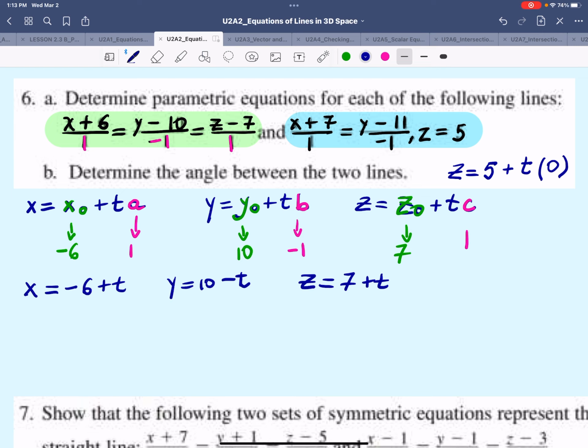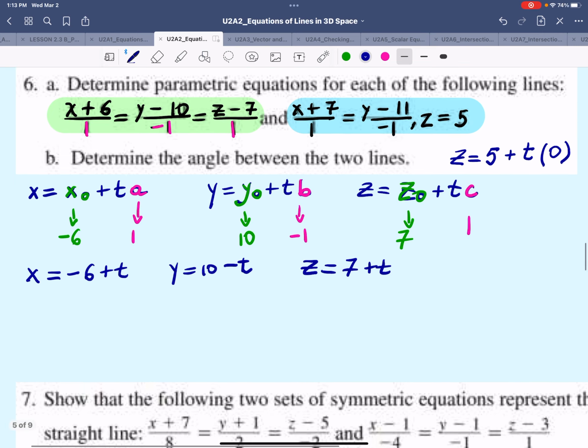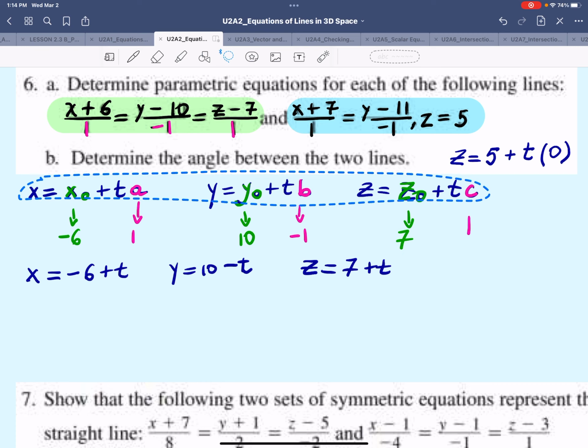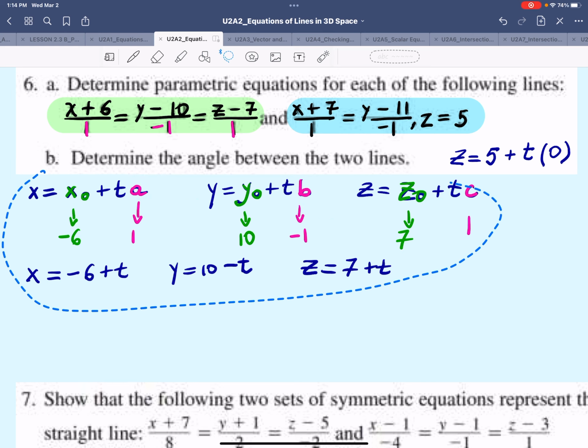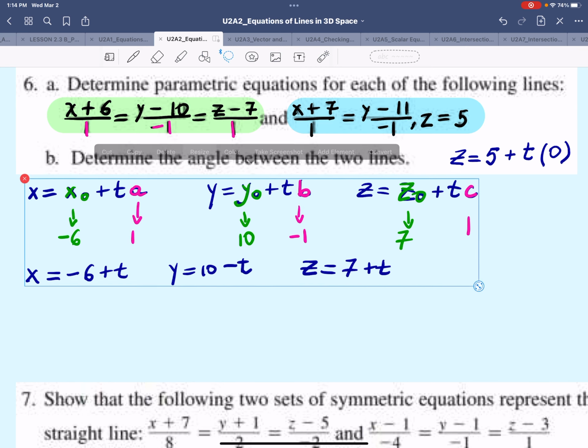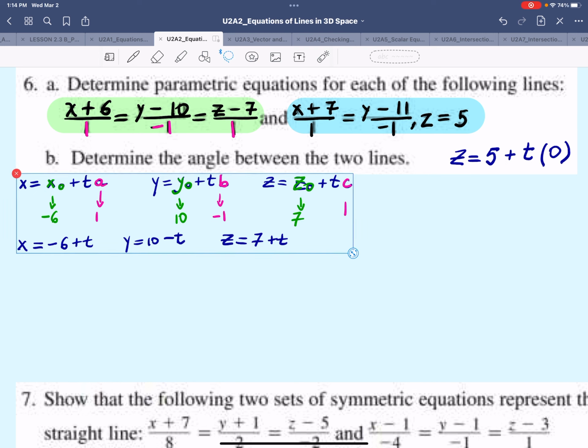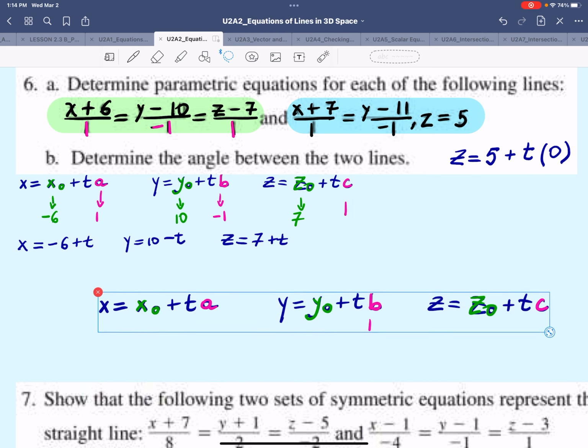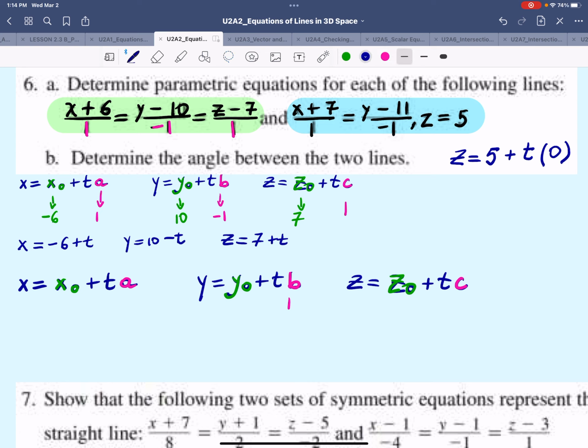So now let's take a look at the second equation. In the second equation, we have, again, the same process. What I'm going to do here for the second equation is copy this down so it's easier to connect the things together, and make this a little bit smaller so we have enough room. So for the second line, we're going to look at this symmetric equation and identify the coordinates x0, y0, and z0.